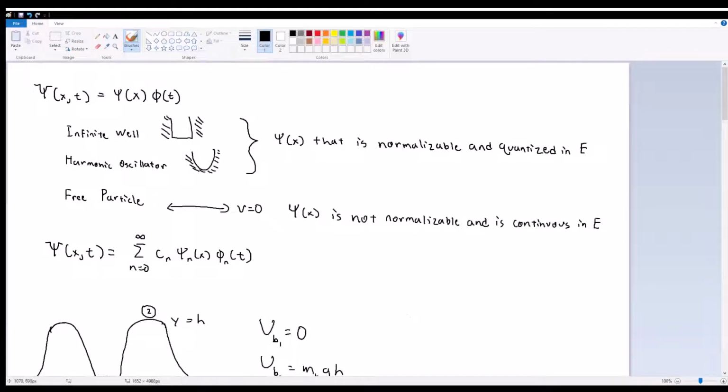In quantum, this analogy applies directly. We see here that the infinite well and harmonic oscillator both have potentials that go to infinity. The infinite well has an infinite potential outside of this localized region. So effectively, if I have a particle, it's going to be localized in this well no matter what. The same thing with the harmonic oscillator.